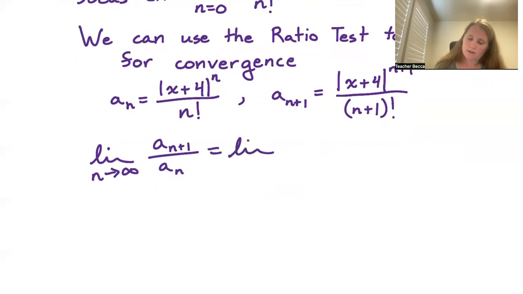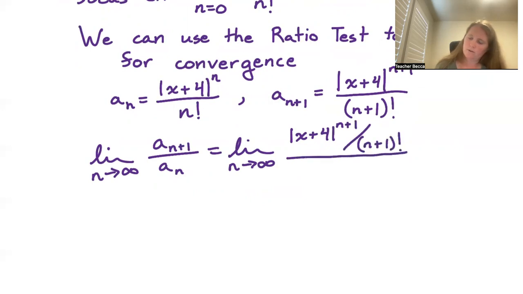So we are looking at the limit as n goes to infinity of the absolute value of x plus 4 raised to the n plus 1 over n plus 1 factorial, all over the absolute value of x plus 4 raised to the n over n factorial.